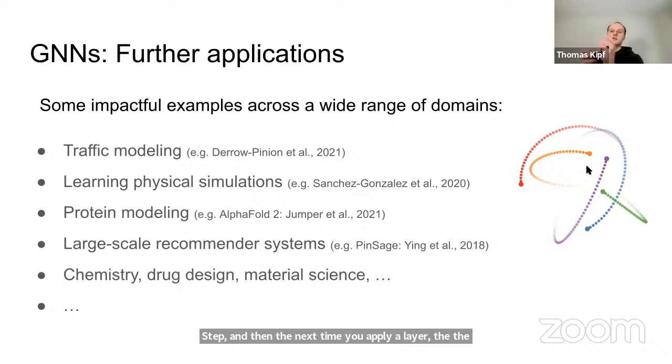So the graph doesn't have to be the same for every message passing step. You can change that over time, especially if your data changes underneath you, and so you can take into account these kinds of aspects. But there are many design decisions, and it's too much to go into here today. But it's a really great question.